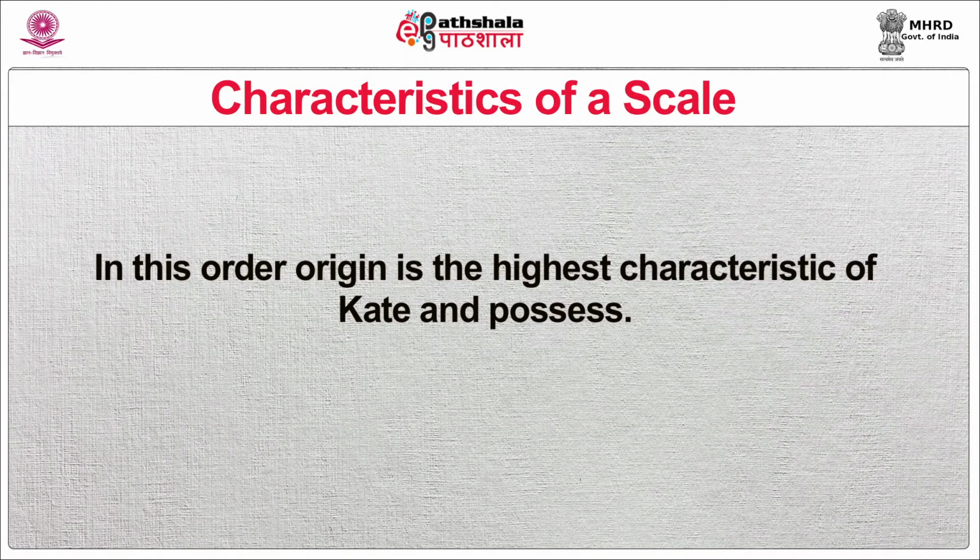In this order, origin is the highest characteristic a scale can possess. It is important to note here that if a scale has origin, it must have all the lower levels of characteristics, that is description, order and distance.